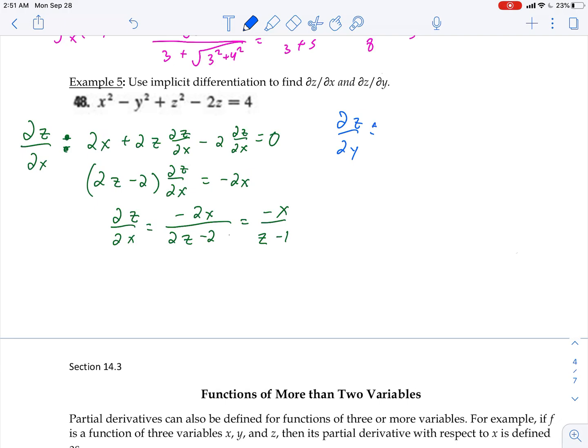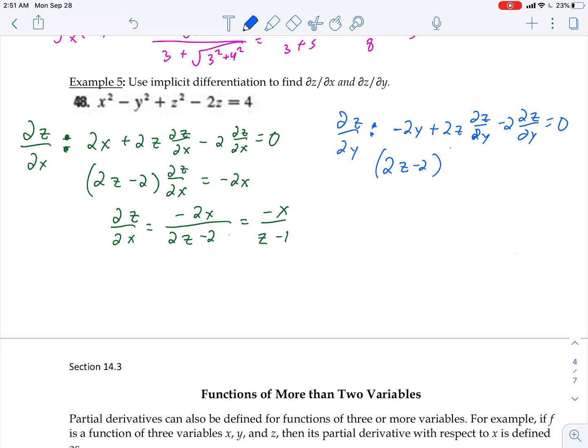We'll do partial z with respect to y, and a lot of this is going to work out very similarly. X squared is just 0, negative 2y, plus 2z partial z with respect to y, minus 2 partial z with respect to y, equal to 0.